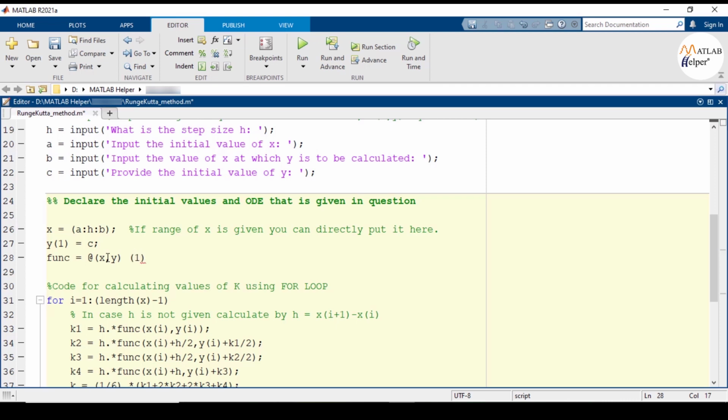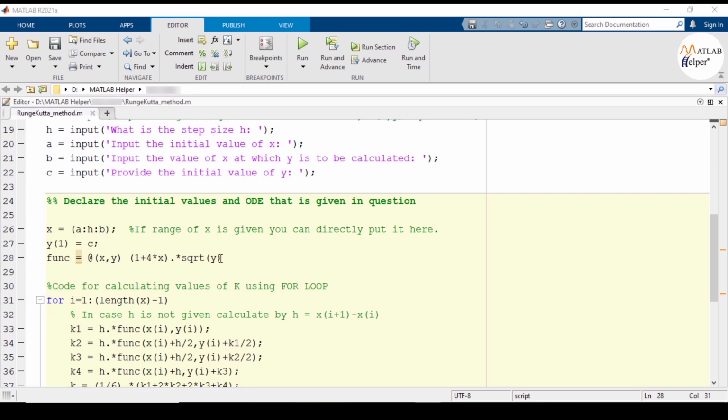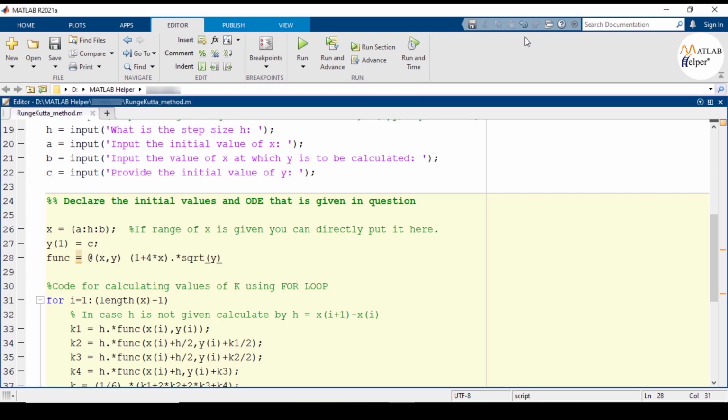So right now I will take it as 1 plus 4x, which is multiplied by sqrt, that is square root of y, and multiplication dot star. So by directly assigning this equation to the variable name func, you can also do it in this way directly.